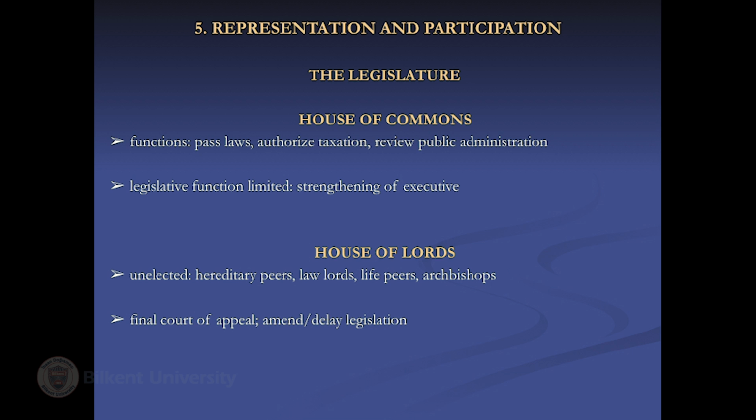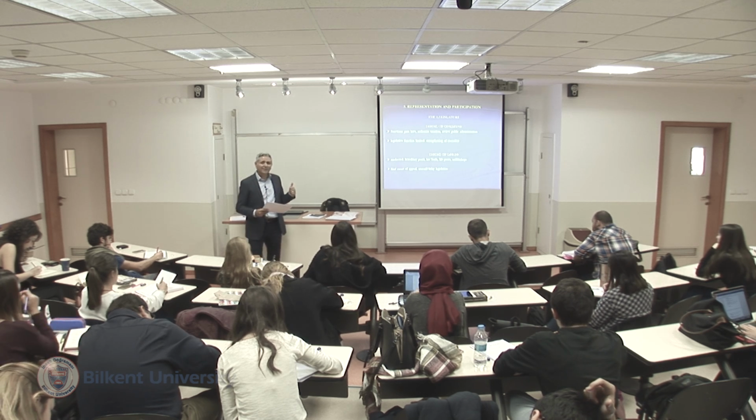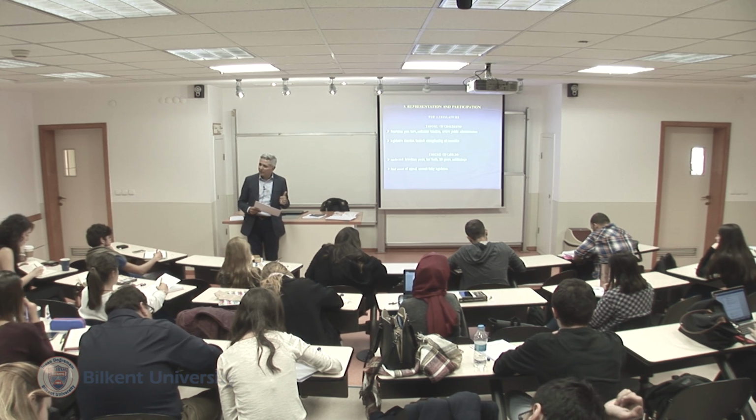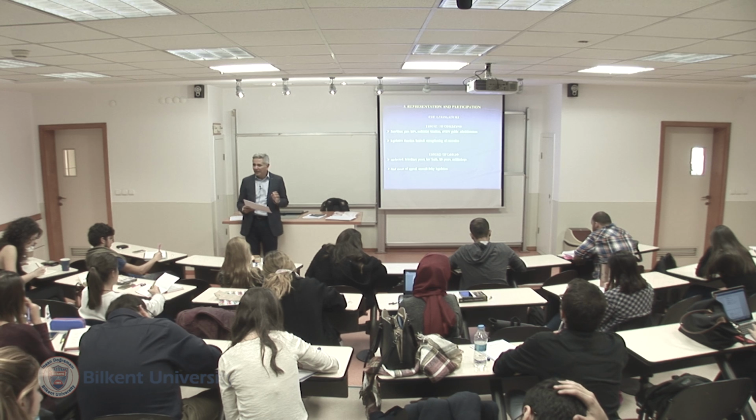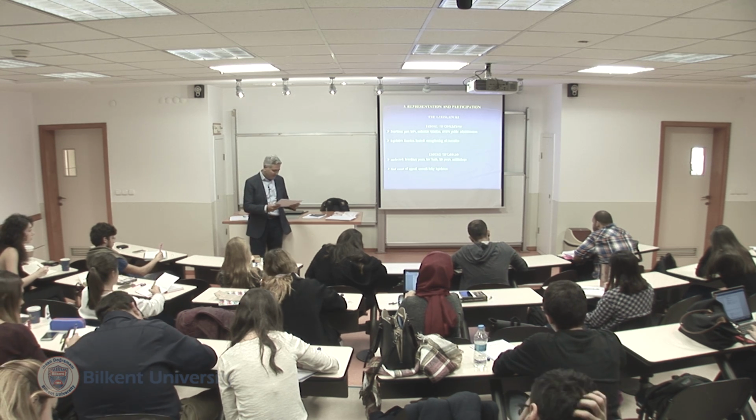The House of Lords, these are unelected members, and they are composed of hereditary peers, law lords, life peers, and archbishops. And in some cases, the House of Lords serves as the final court of appeal in certain areas.